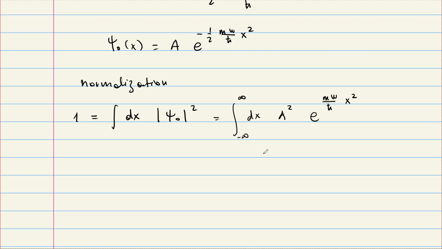And let me call this alpha, like let's define alpha is equal to m omega over h bar. So what I will do is I'll put root alpha and divide by root alpha.